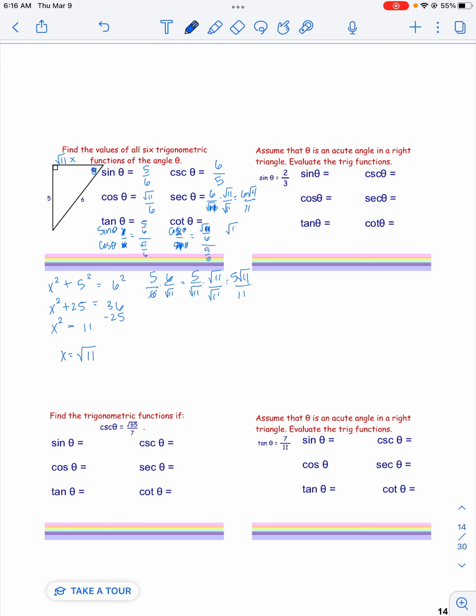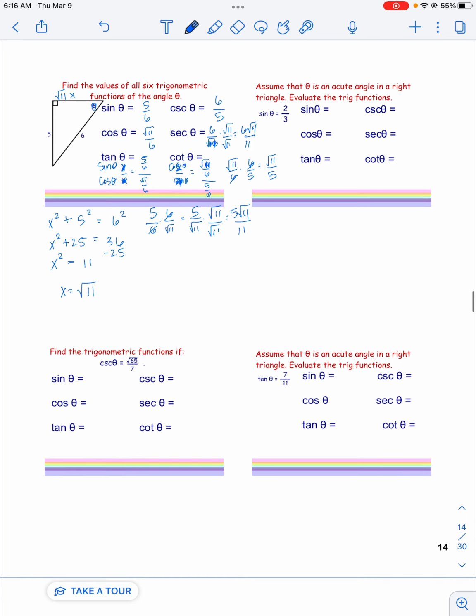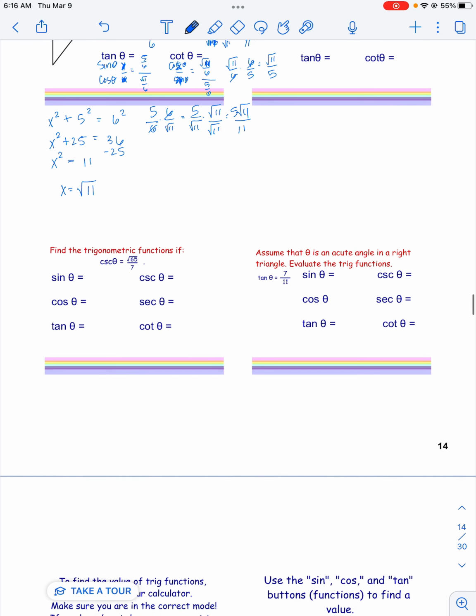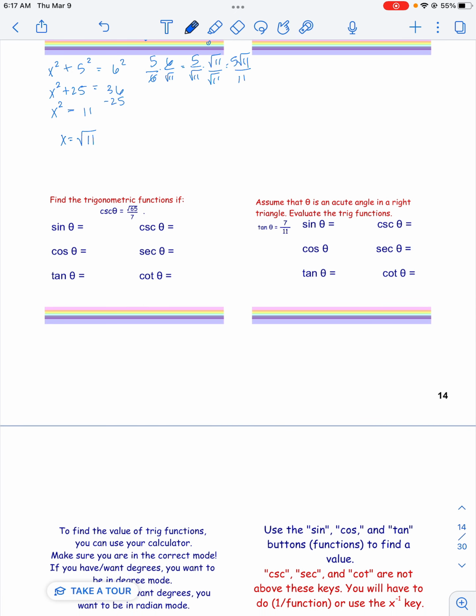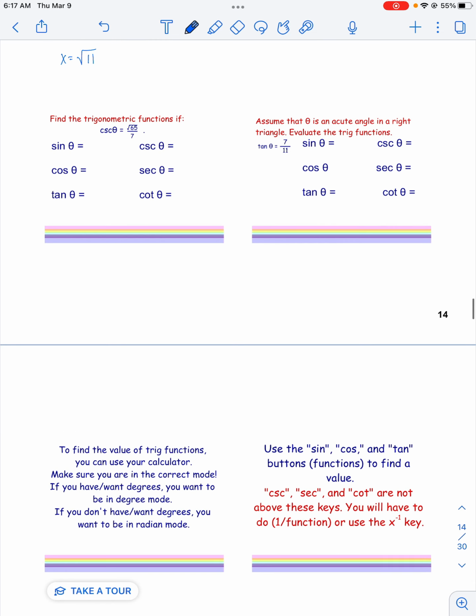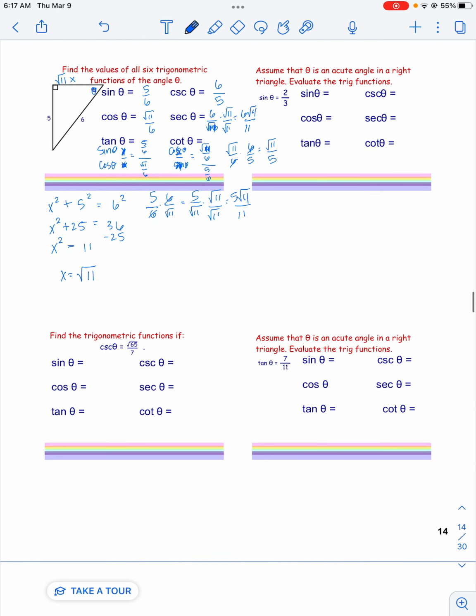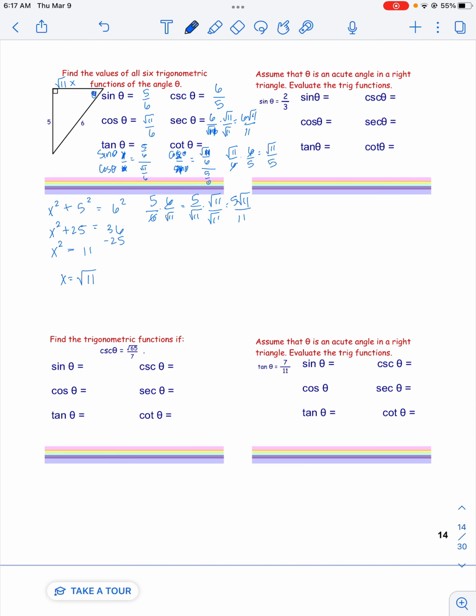So I take the square root of 11 over 6 and I multiply it by 6 over 5, and I get the square root of 11 over 5. Okay. Same idea here. Sorry for the confusion. You have a couple that you can practice, and the same idea is going to apply to these other examples, which in the interest of time I am not going to show, but I'm happy to show in class if you want some more examples.